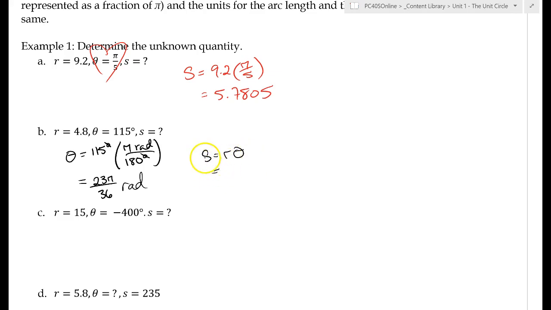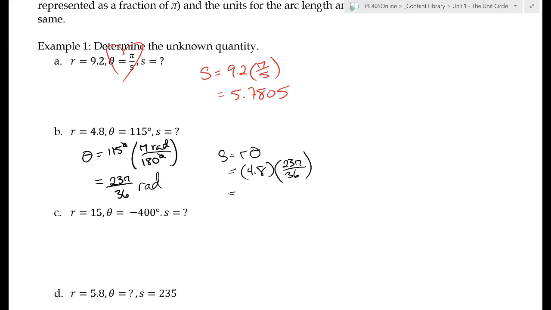So our radius is 4.8 and our theta is 23 pi divided by 36. Then when I punch this into my calculator, I will get my value of my arc length, which is 9.6342. Because my radius doesn't have any units, neither will my arc length.